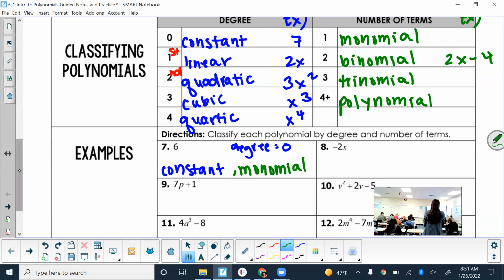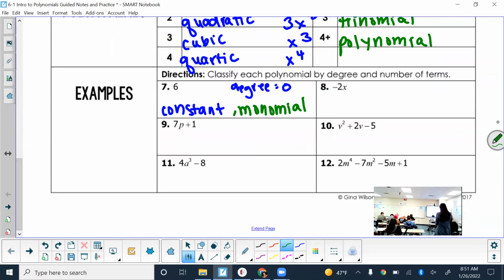All right, let's look at number 7. To label the overall degree, you need to look at what it is for each term. So what would be the degree of 7p? 1. What would be the degree of the 1? 0. So what's higher, 1 or 0?